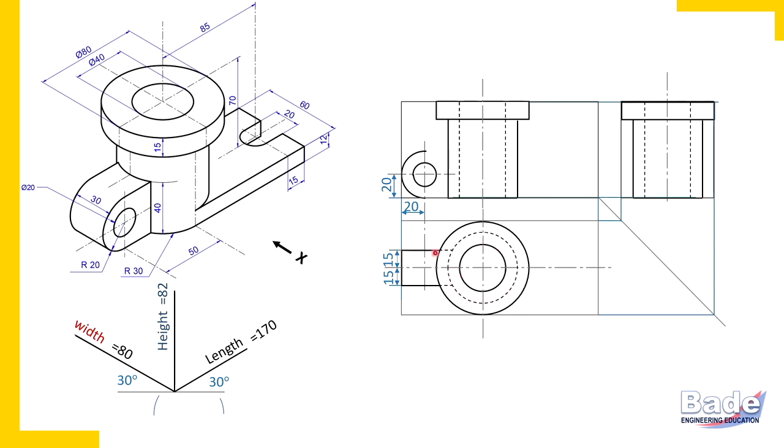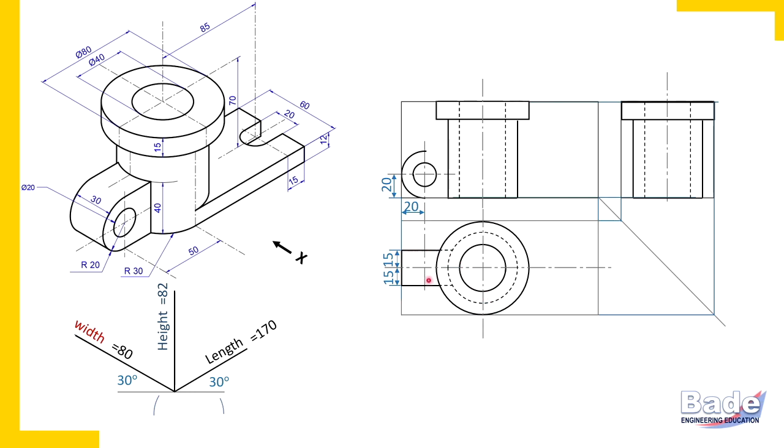Also note here, these two parallel edges which are 30 millimeters apart are actually this edge and this edge. Both these edges are parallel to the length axis, and length is horizontal in the top view. What I am showing you here, watch, these two edges under the disc are hidden.